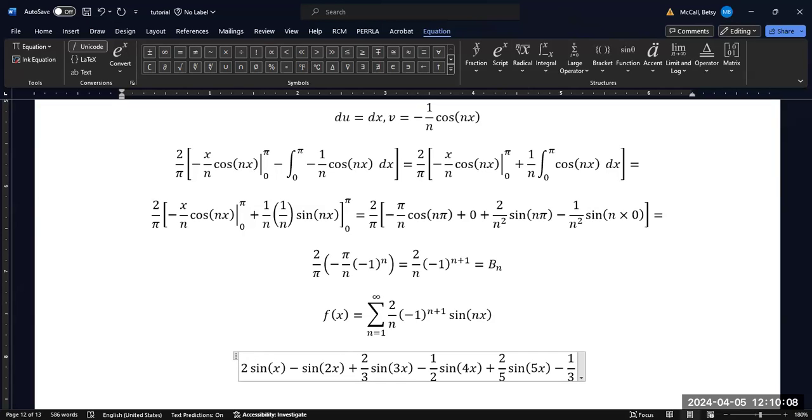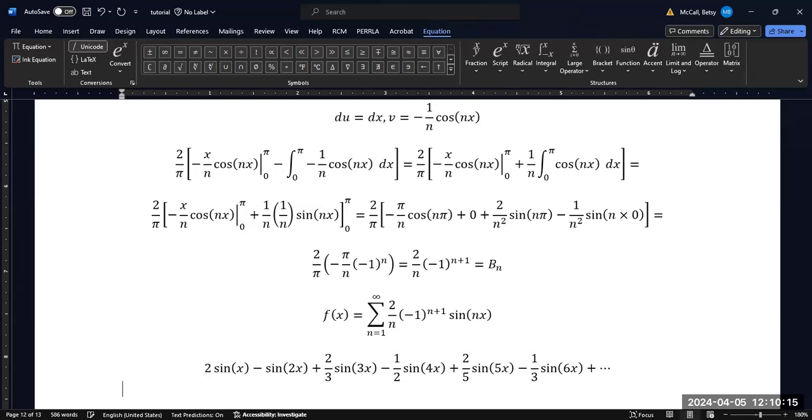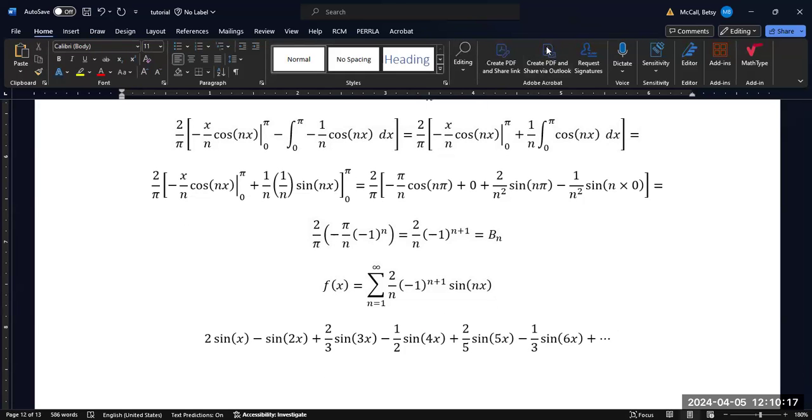When n is 6, that'll be 1/3 sine 6x, dot dot dot. Now let's see how we do.